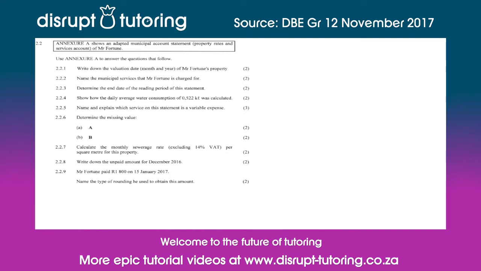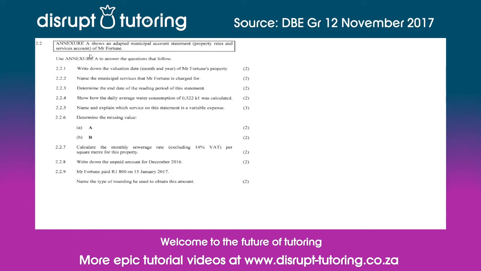Today we are going to be doing question 2.2 from the 2017 Maths Lit Paper 1, and this deals with reading data from a statement and an account, and which involves a little bit of financial maths and some conversions.